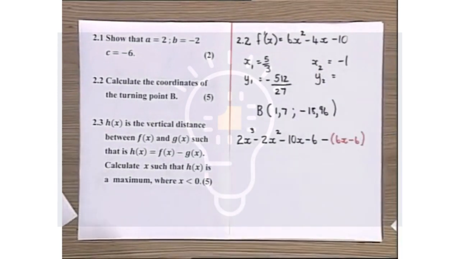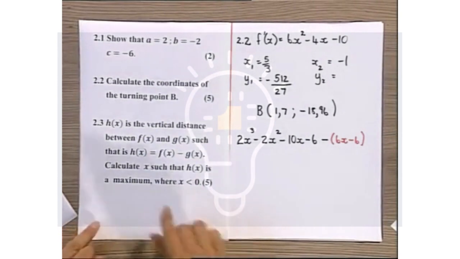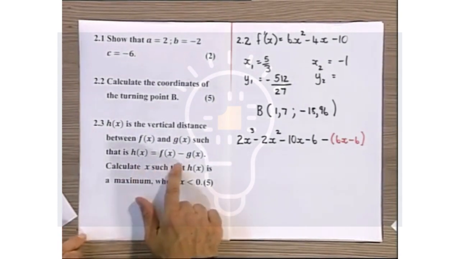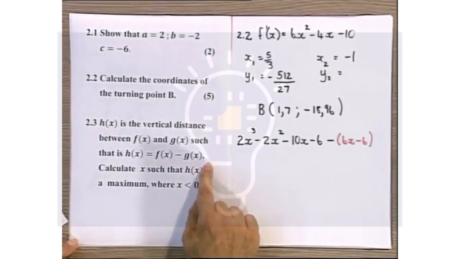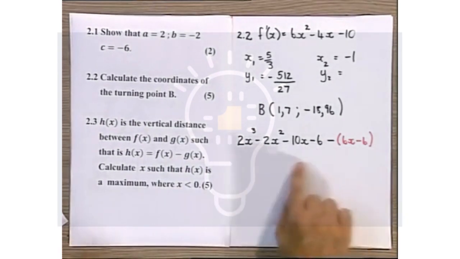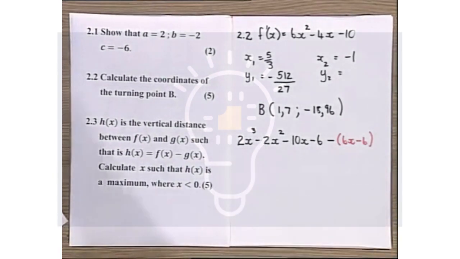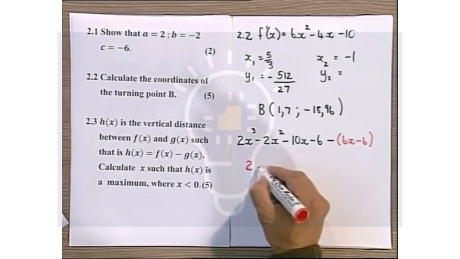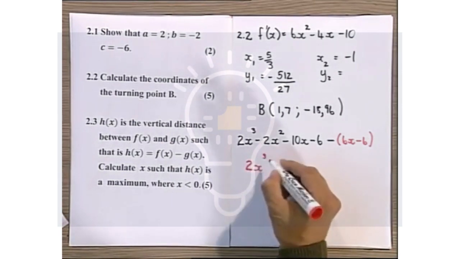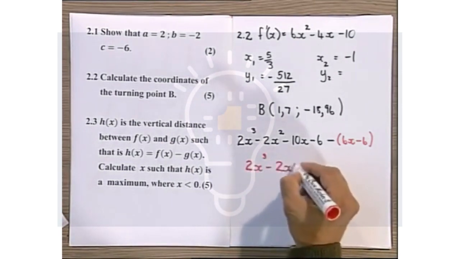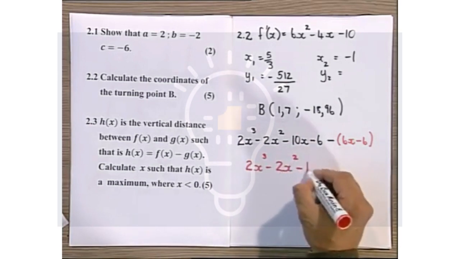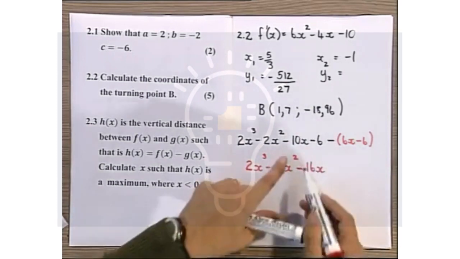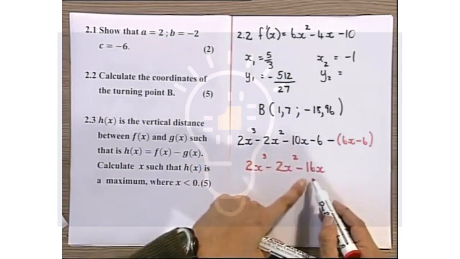So that is just what they give you. They just say h(x) is the difference of f(x) and g(x). So it's again some algebra. If we just simplify that, like terms, we're going to end up with 2x cubed minus 2x squared minus 16x, because minus 10 and minus 6 gives you minus 16.